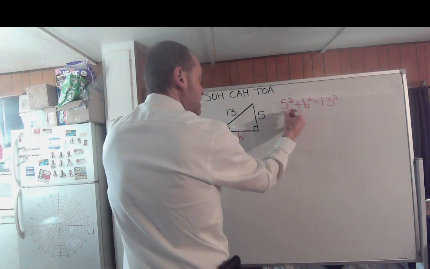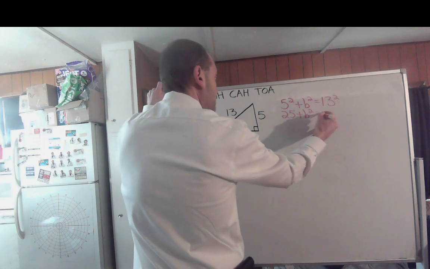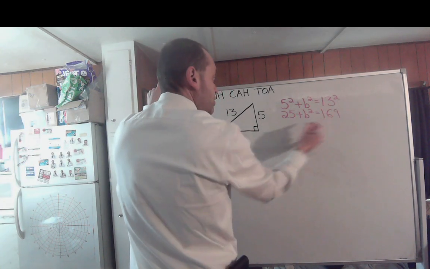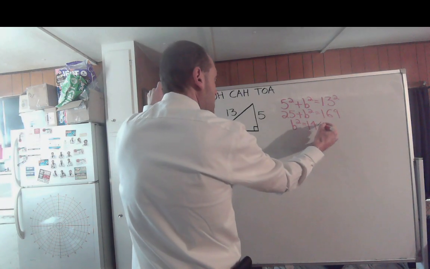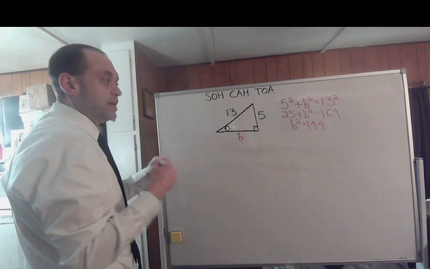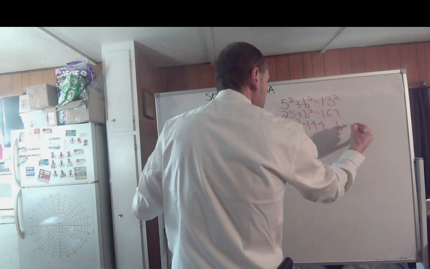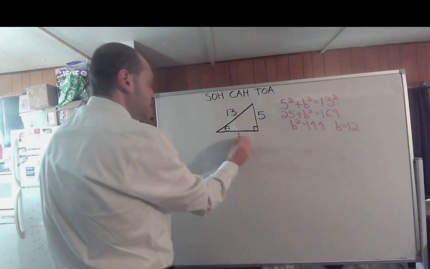So you would end up getting 25 plus b squared equals 169, which would give you that b squared equals 144. And again, since it's a length, we only consider the positive square root, so that means b would equal 12. So now we found the length of the missing side to end up being 12.